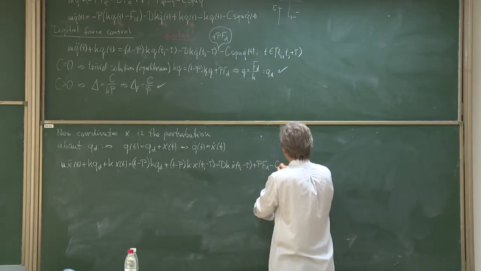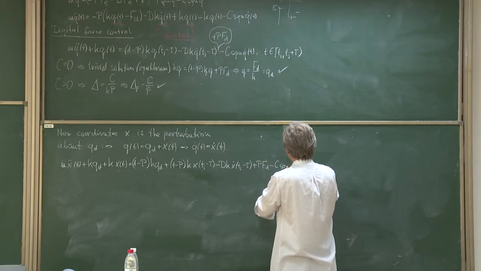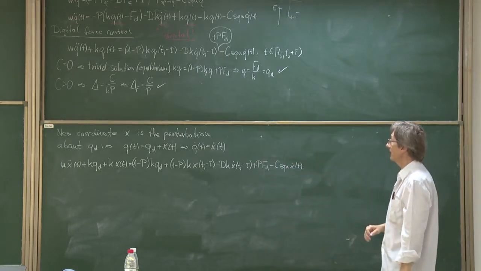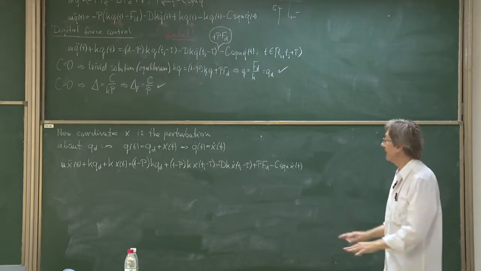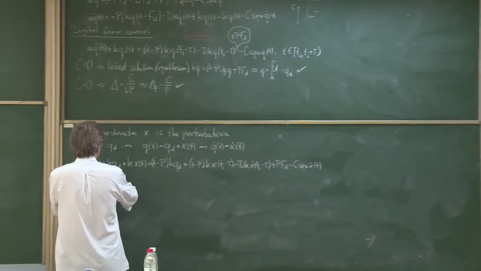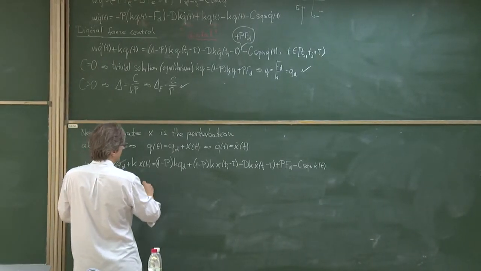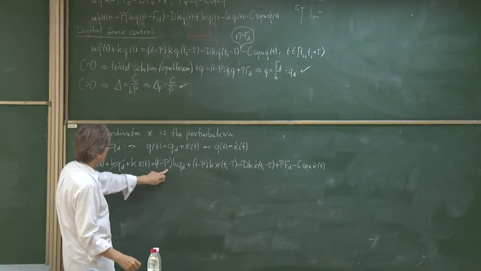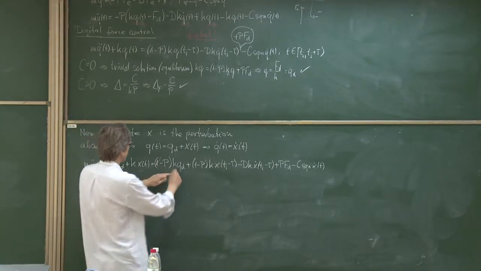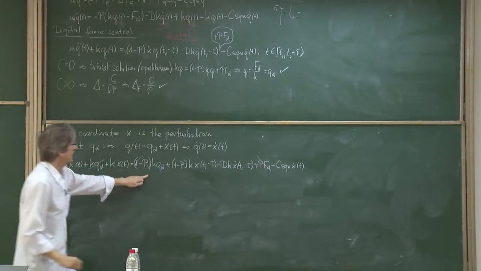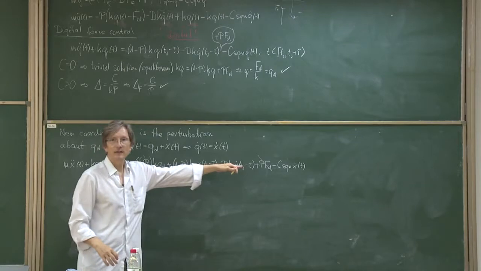And minus c times the sign of x dot t, because q dot t and x dot t are the same. So it's a bit lengthy, but now there will be a big simplification, because k times q dot will cancel with this one. This minus p times k times q dot will cancel with p times fd. So we could get rid of these terms.